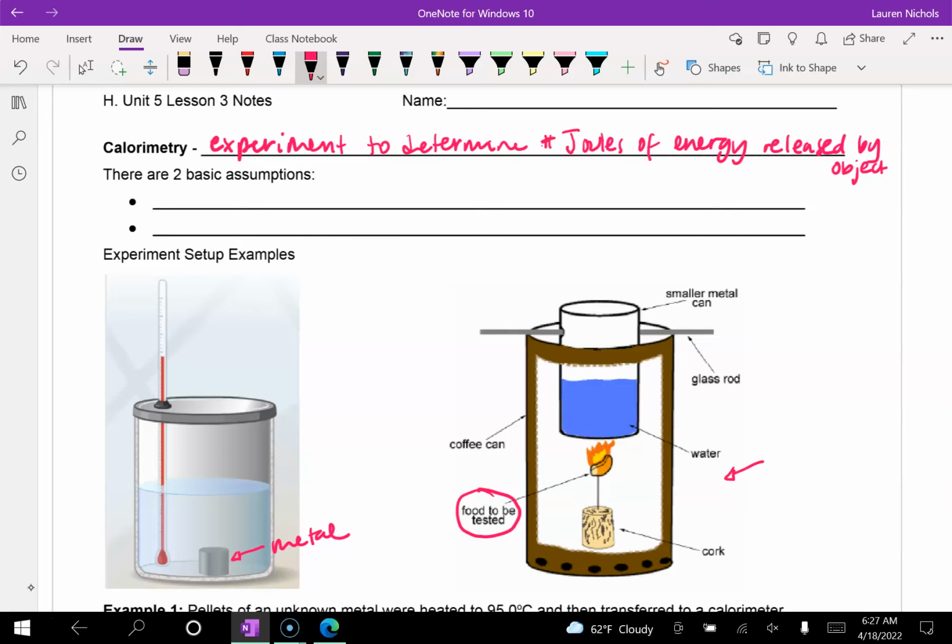For the most part. Now, when we do this calorimetry experiment, there are two basic assumptions that we make. One is that all the heat released by the object is absorbed by the water.